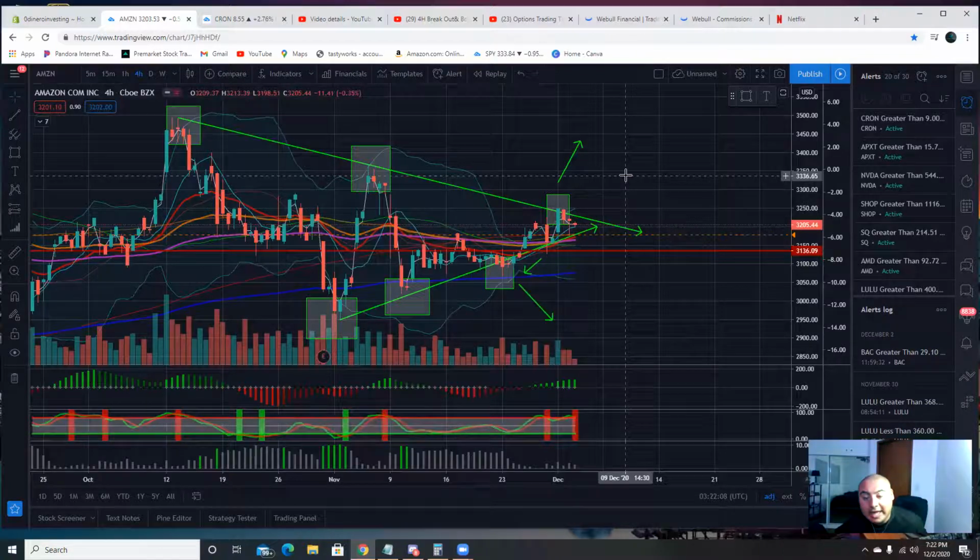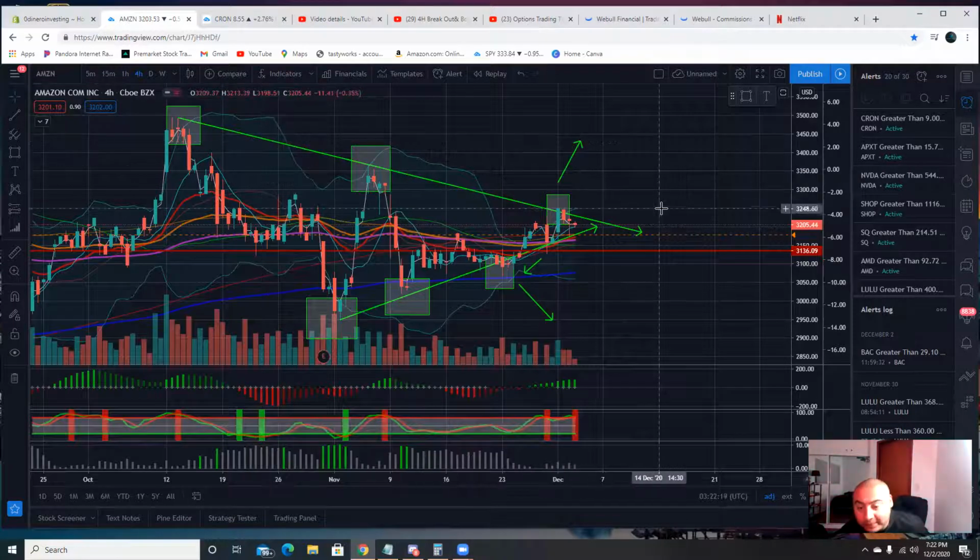So you're looking at the candle before it breaks out, and you're also looking at the candle after it breaks out. After it breaks out, if it doesn't hold its support, which is the trend line that you see here, then it's probably what we call a fake breakout.